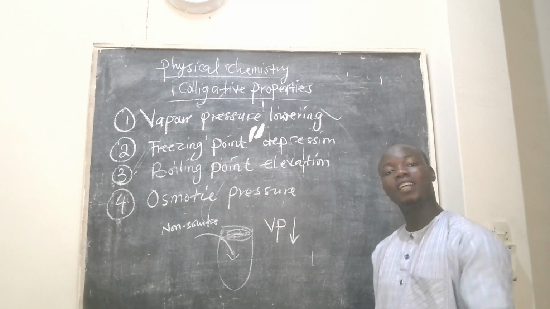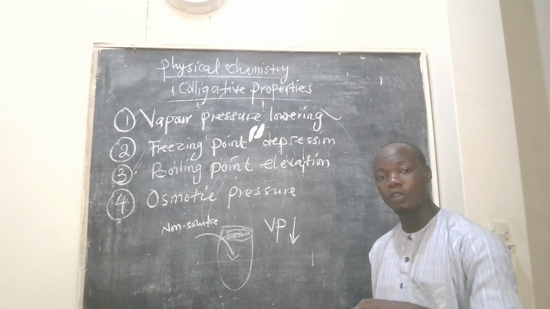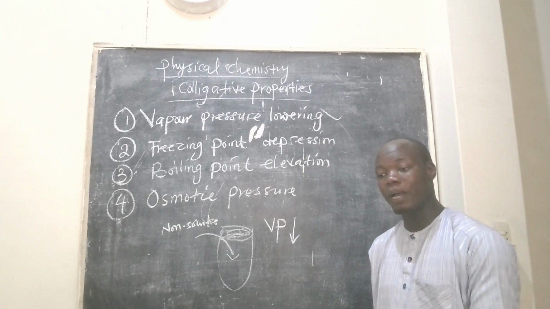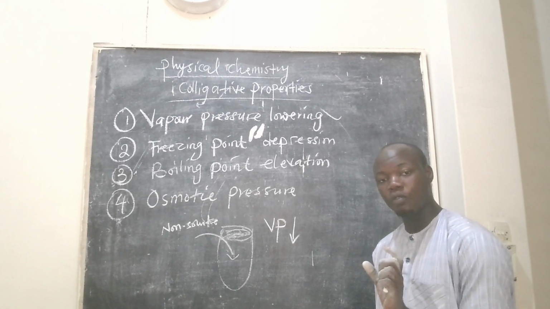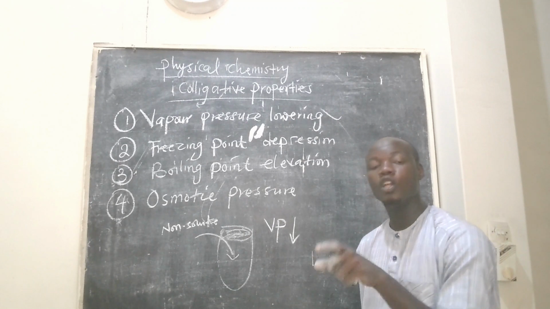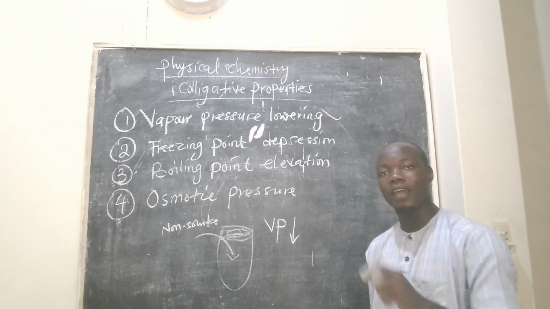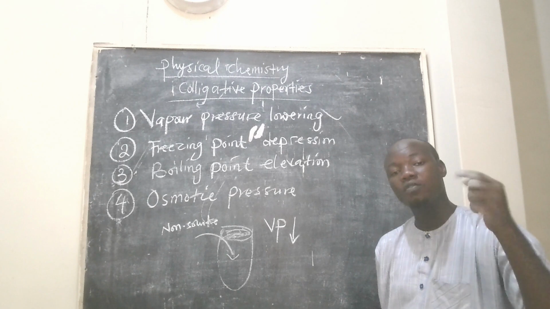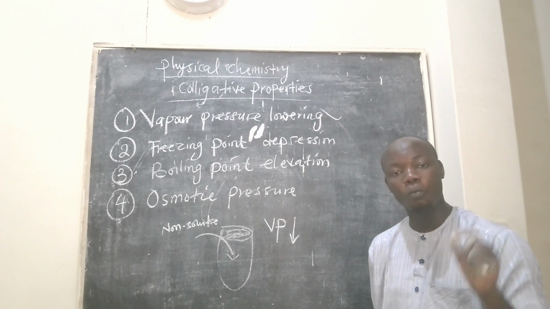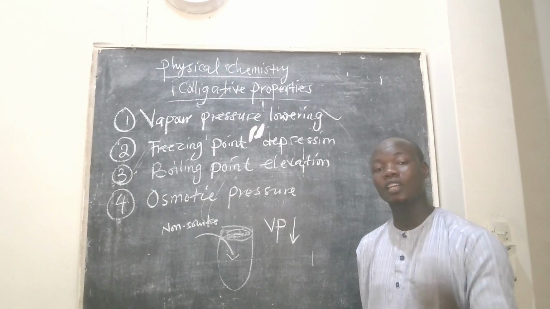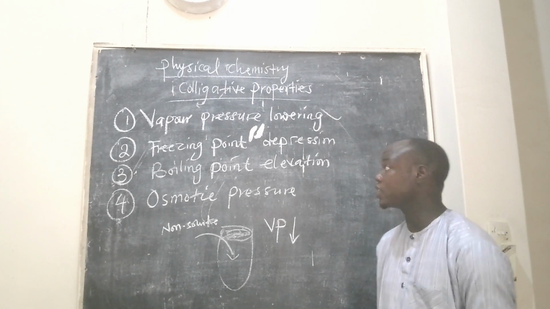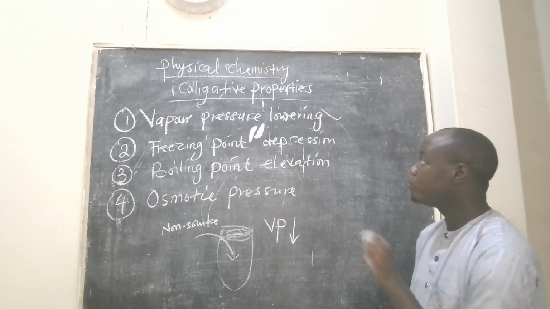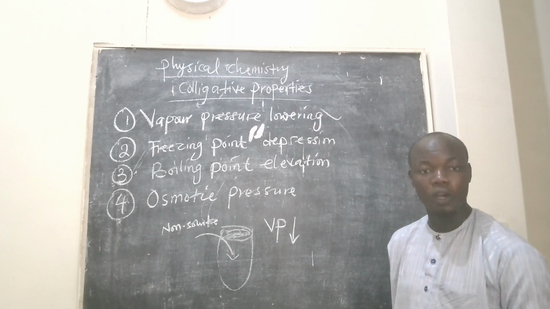But when you add the non-volatile solute, it occupies some spaces, thereby decreasing the evaporation of the solvent molecules. And as a result, the vapor pressure of the solvent will decrease. So that is why here we have vapor pressure lowering of the solvent.